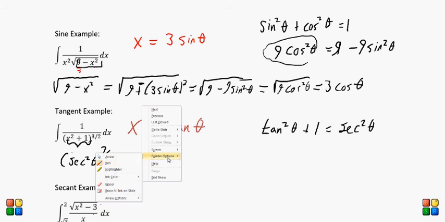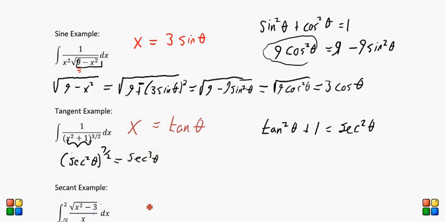And for the third one, this is a secant example. The reason it's a secant example is because secant squared theta minus 1 is tangent squared. So my substitution here is going to be a secant substitution, but there's going to be a number out front, and that number is going to be the square root of 3, because of this 3 sitting here.